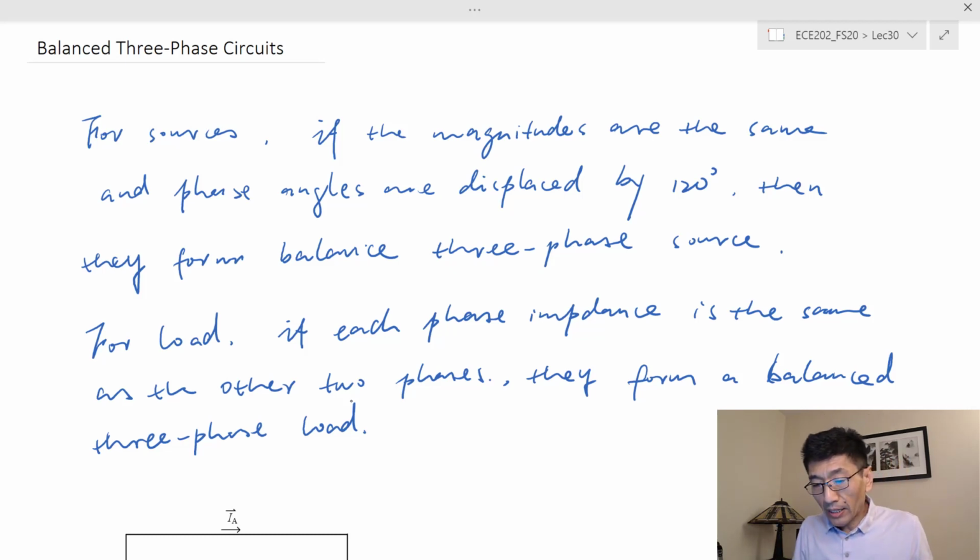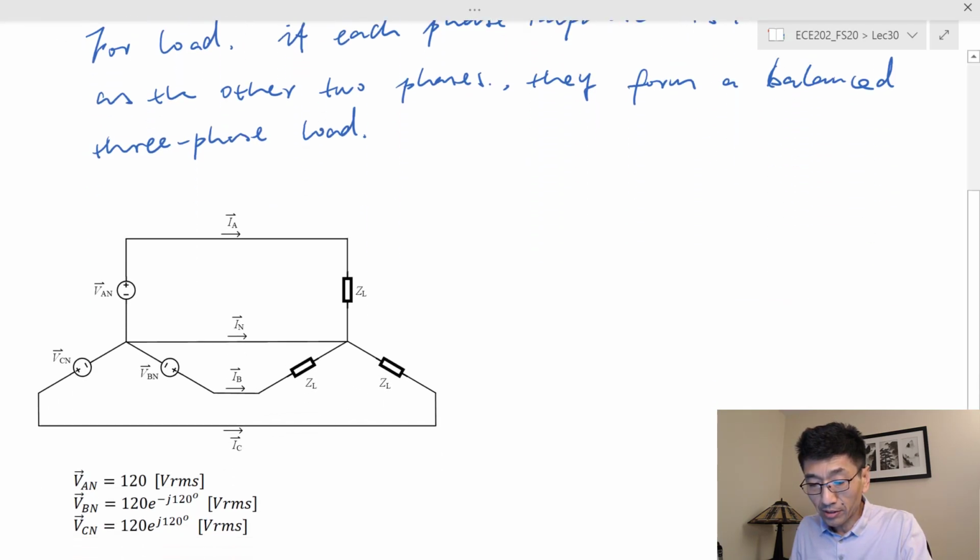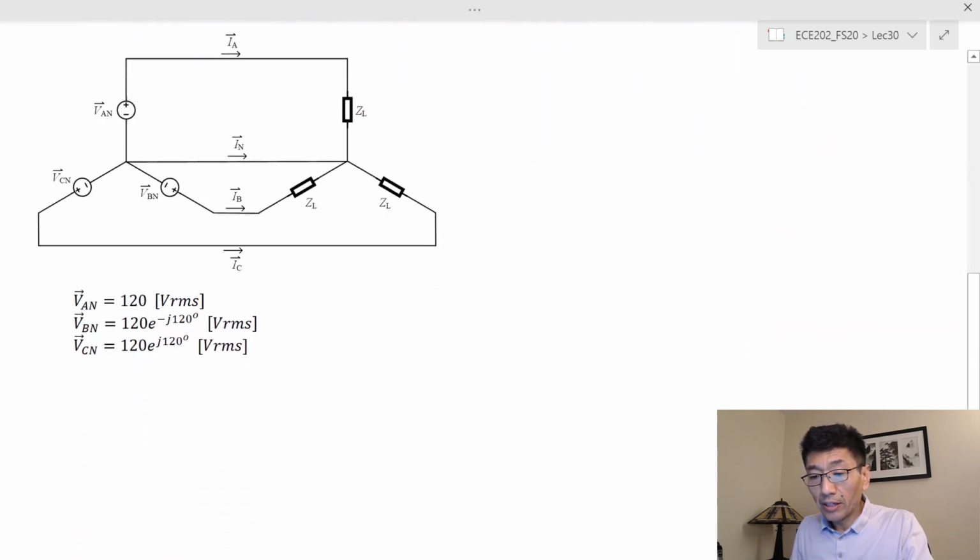So let's look at a very specific circuit, and it's very interesting to see some of the benefit of a three-phase system. Let's look at this. So I have the three-phase sources. Now they are given in phasors, and each of the magnitudes is 120 volt RMS, and the phase angle, look at the phase angle there.